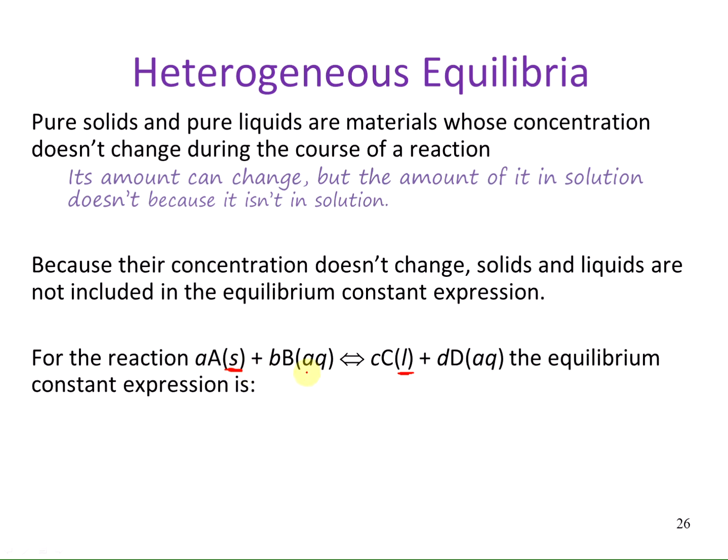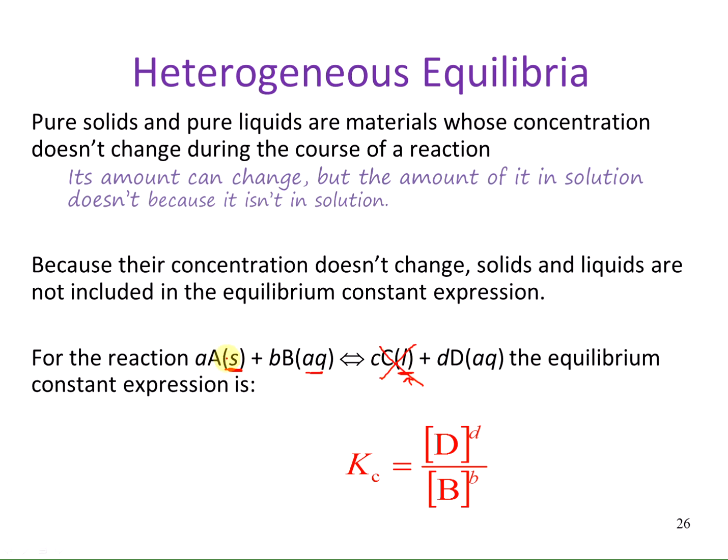Now the aqueous means that it's dissolved in water. So if it's dissolved in water, you know it's going to be a mixture, and you can express that as a concentration. So if we write the equilibrium expression for this, it's still products over reactants. But because this is a liquid and this is pure, we're not going to see it in the equilibrium constant expression.